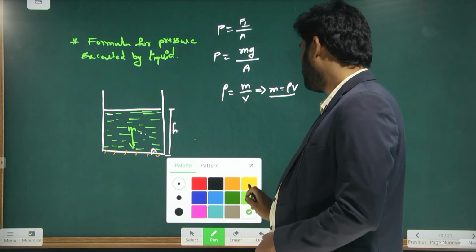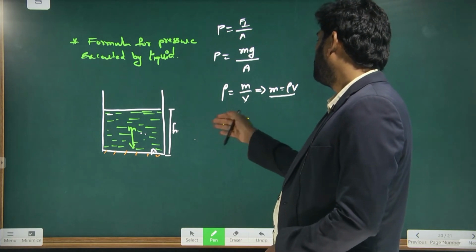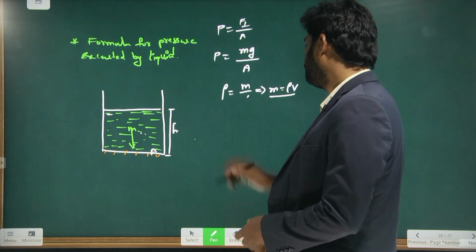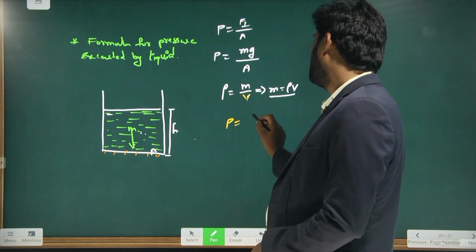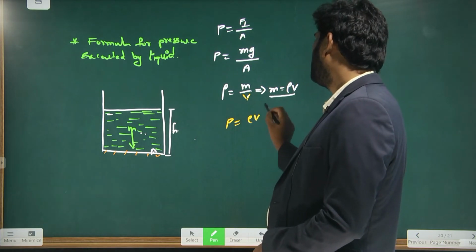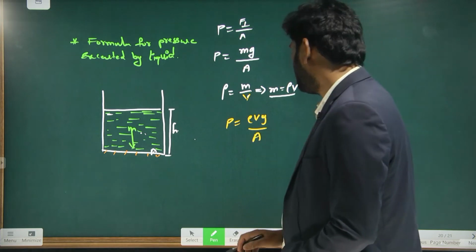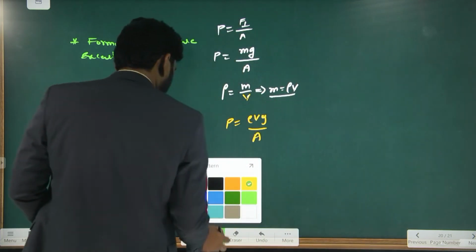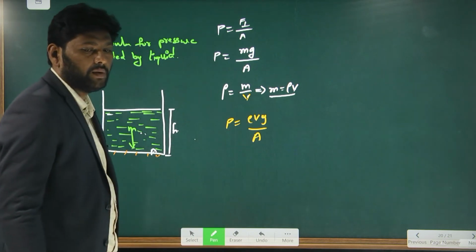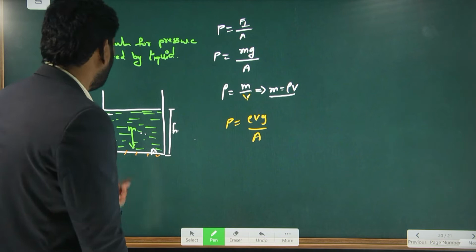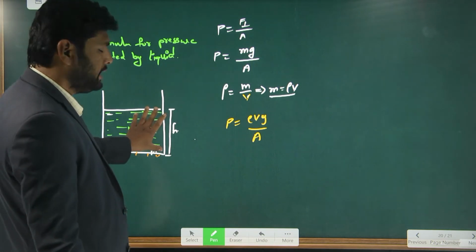Pressure is equal to density into volume into g by area. This volume is nothing but the volume of the liquid, which you can write as the area of the container times the height of the liquid.